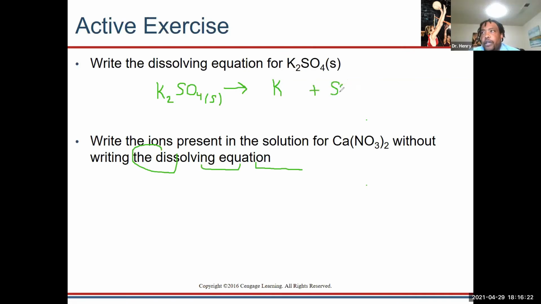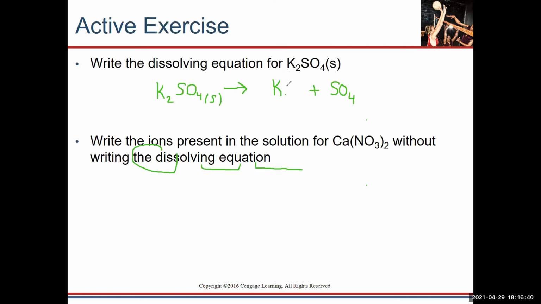And we know that these guys are going to have charges. What is going to be the charge on potassium? Is it positive 1? That's right.